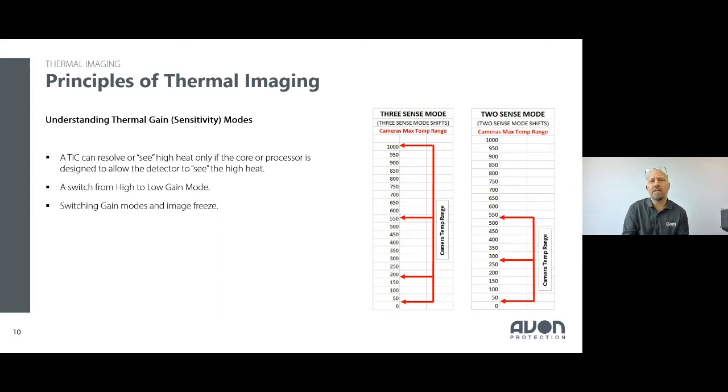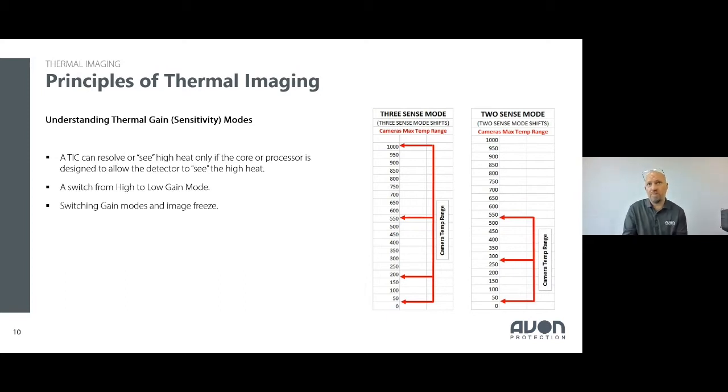As you can see on the scales on the right-hand side, you can see where those 3 gain modes are. On the left-hand one, 0 to around 200 degrees is the first gain mode, and we call it high gain. Then from 200 to 550 is gain mode 2, and from 550 to 1,100 degrees is gain mode 3.